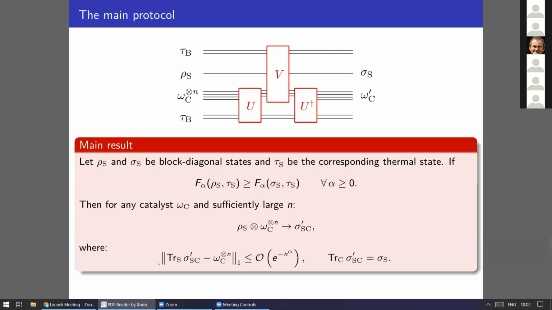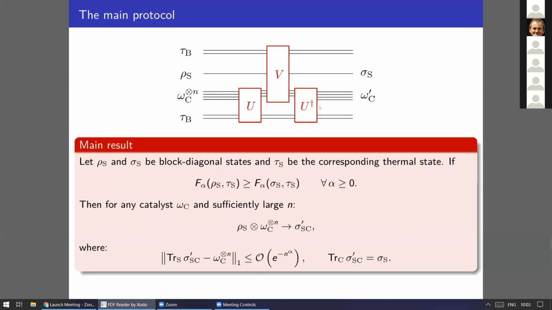So the error on the catalyst is sub-exponentially small in the number of particles, whereas the system gets transformed from rho to sigma without an error. Well, as long as the heat bath is infinitely big.